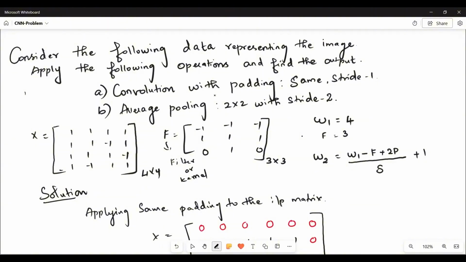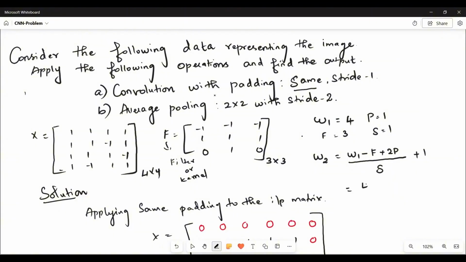So from the given problem, W1 is equal to 4, F is equal to 3 and P is equal to 1. Since the given padding is same, P is considered to be 1, and S is equal to 1. So now we are going to apply all these in the formula.